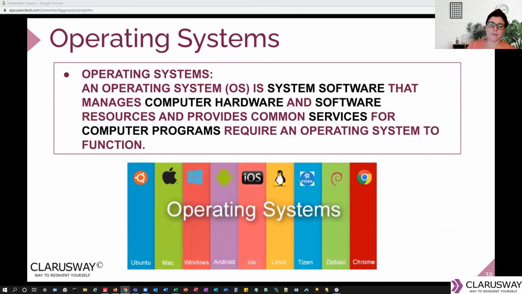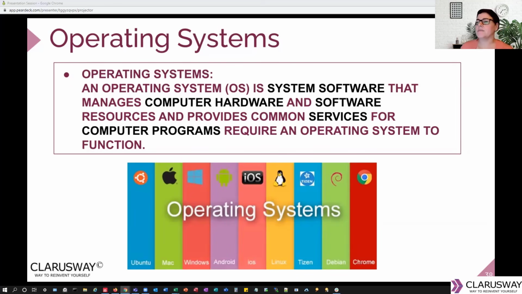So an operating system is system software, and it manages computer hardware and software resources and provides common services for computer programs that require different operations to function.